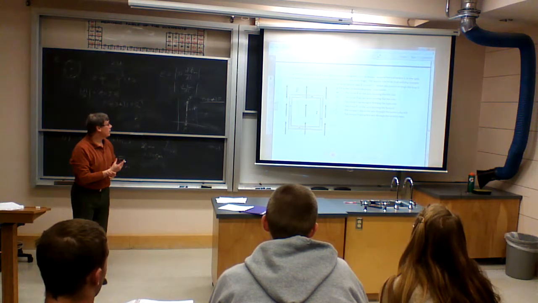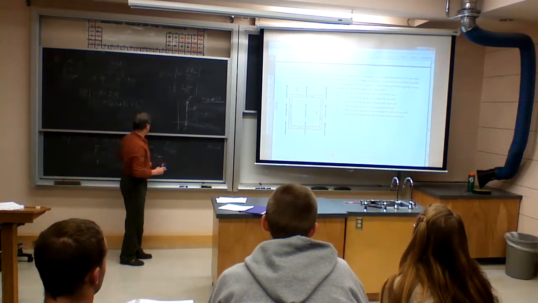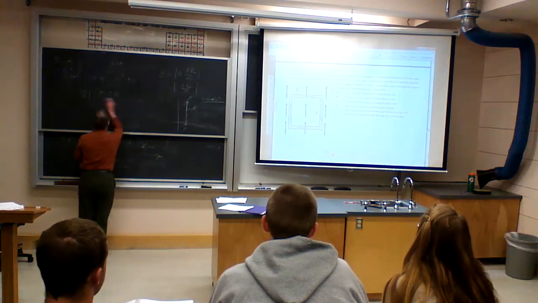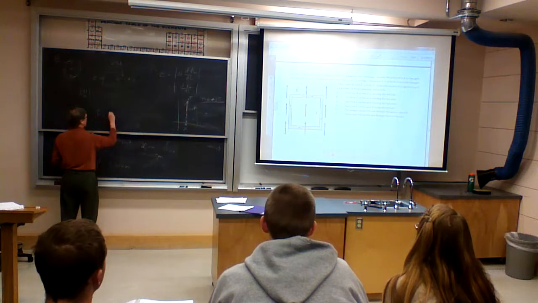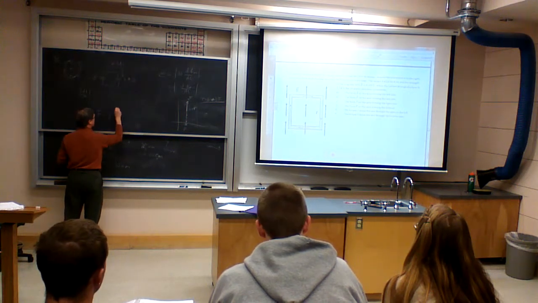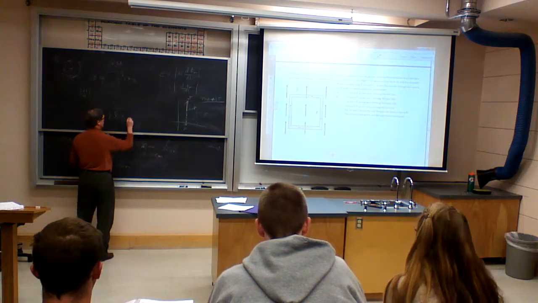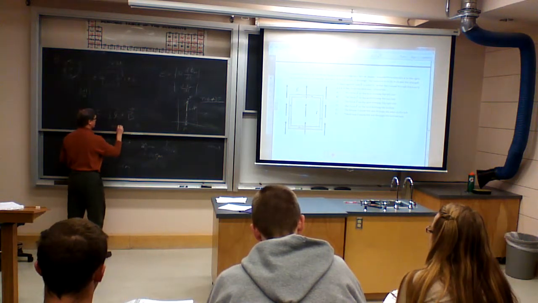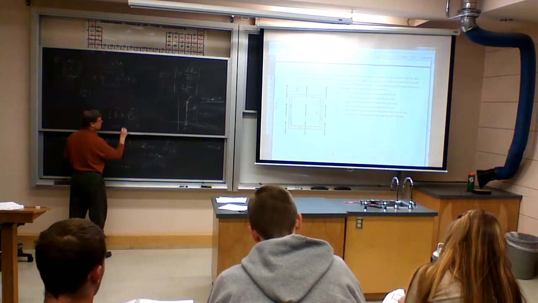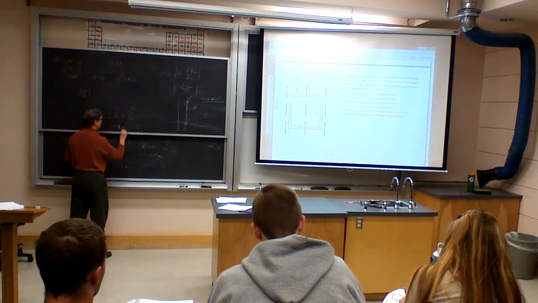Now, how do we calculate the force on these two wires? It will be equal to I L cross B, with L being 0.024 meters.